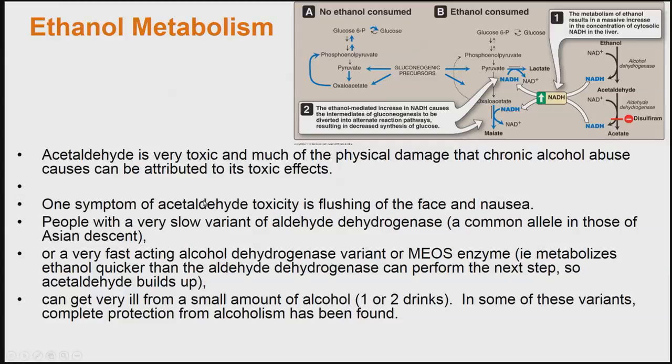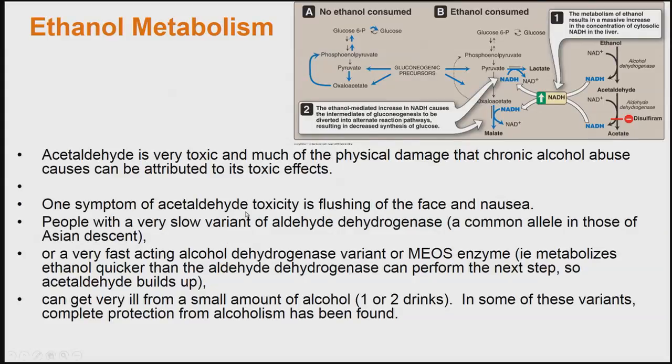So in a normal individual, when they go through this process, the acetaldehyde buildup is not normally enough to see overt symptoms. Okay, this destroying of the liver takes place slowly over time.